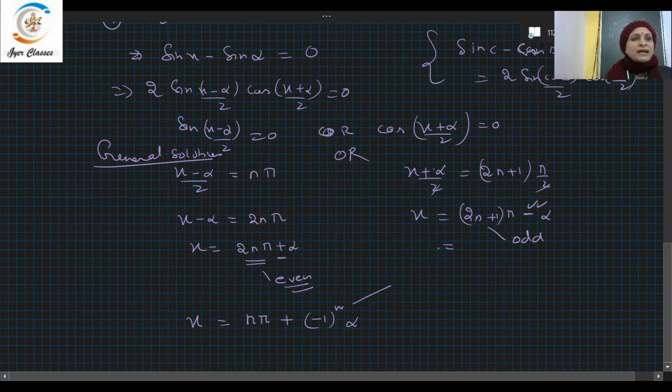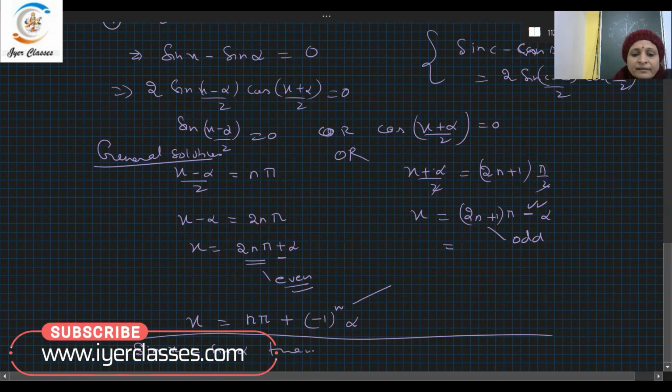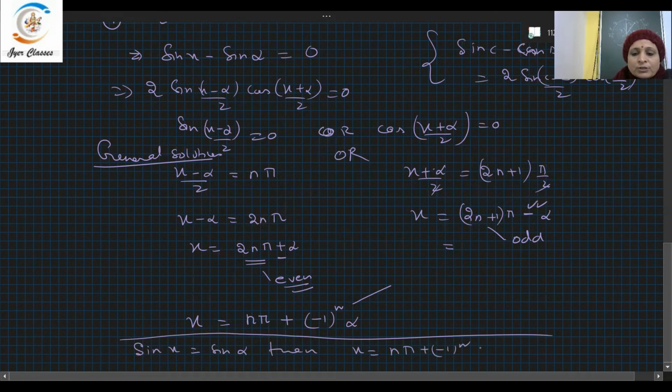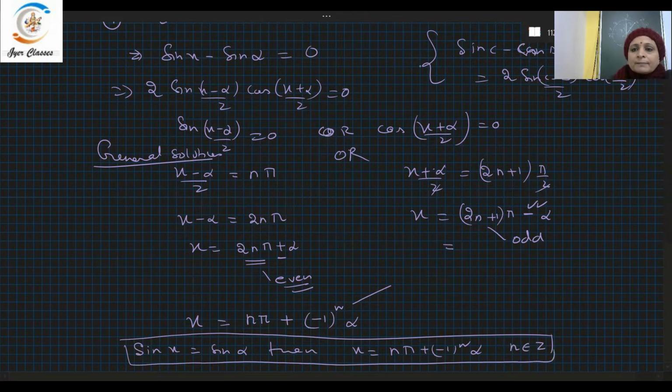Plus. And these two additions are satisfied. So what is the value? I'll put it in one sentence here. If sine x is equal to sine alpha, then x is equal to n pi plus minus 1 raised to the power of n into alpha, where n is a number which is belonging to the set of integers. Note this down, please.